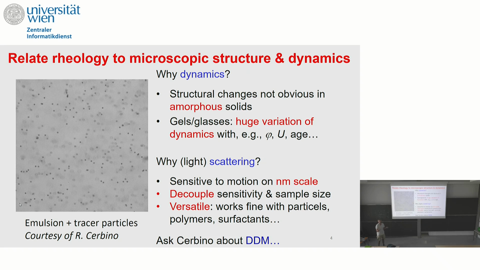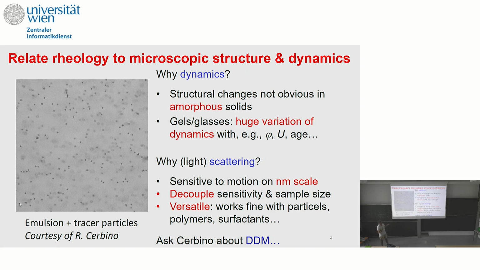But in a colloidal glass, for example, which has a disordered structure, it's not really clear what I should look for in terms of structure to pick up something interesting. The other point is that these systems like gels and glasses typically have dynamics that are extremely sensitive to small changes in the control parameters, which is not the case for the structure.